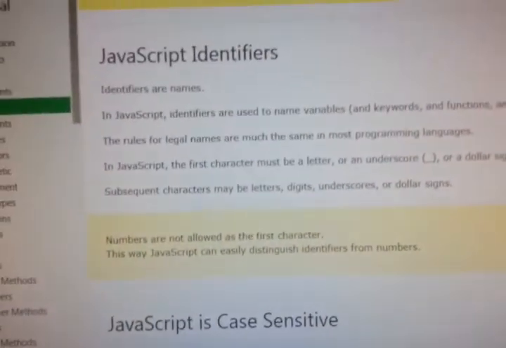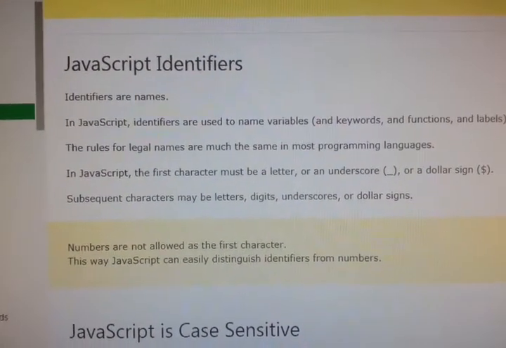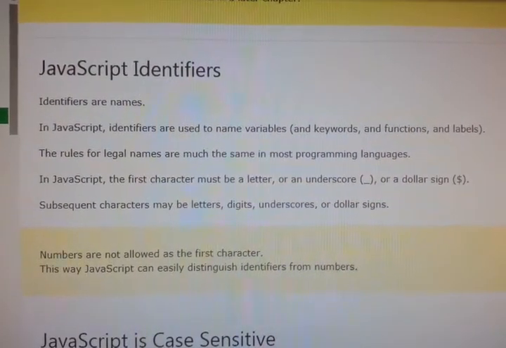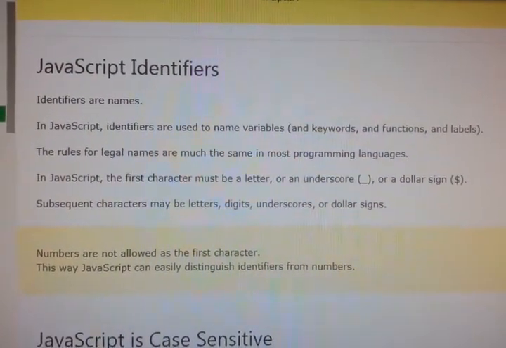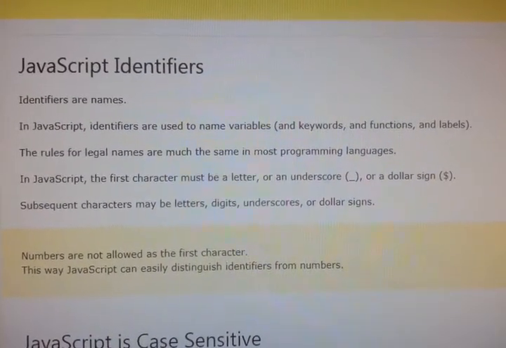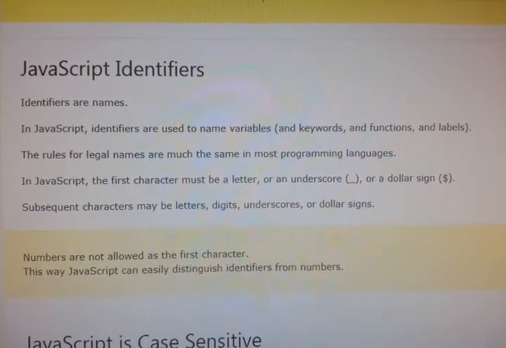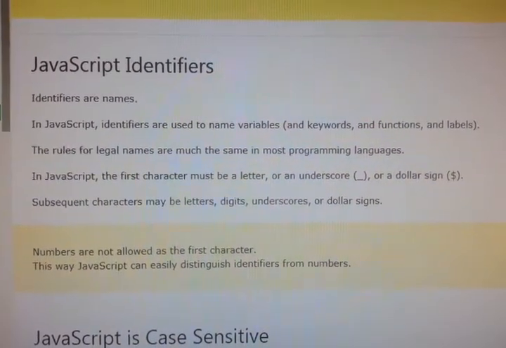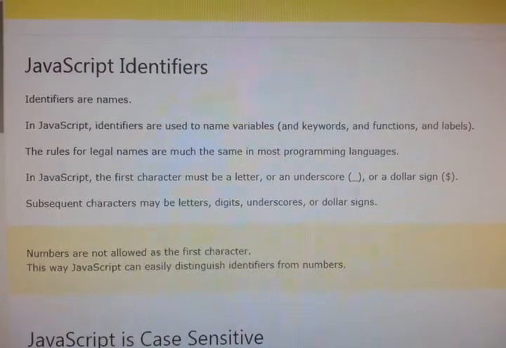Now what are the different JavaScript identifiers? Identifiers are nothing but names. In JavaScript, identifiers are used to name variables, keywords, functions and labels. The rules for legal names are much the same in most programming languages.